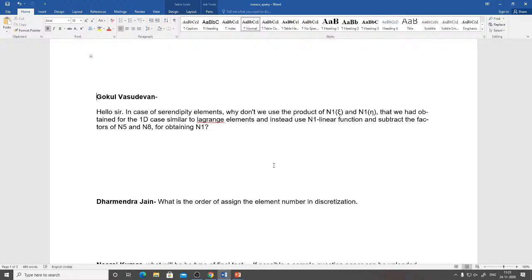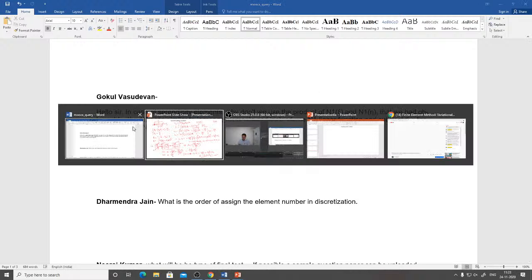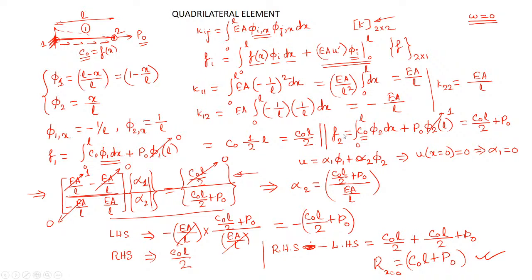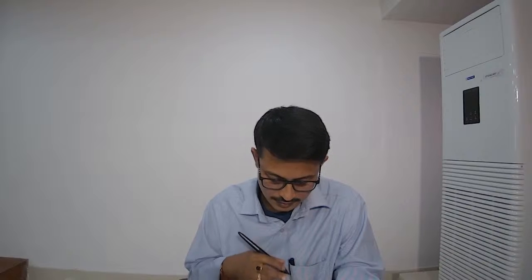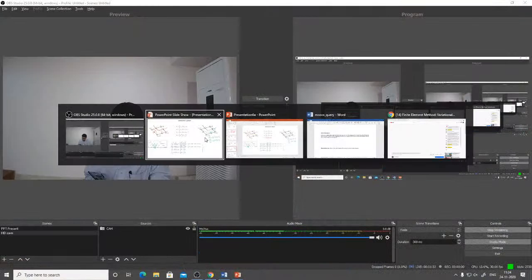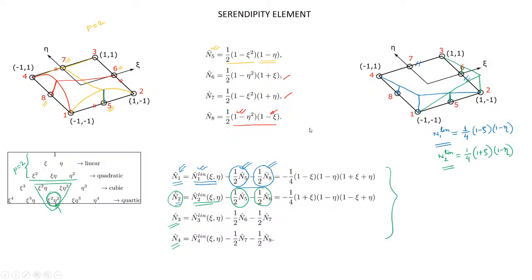In order to do that, I will take help of the slide that I used to explain it in the lecture. Yeah, so here I want to address the issue raised by Gokul Basudevan.